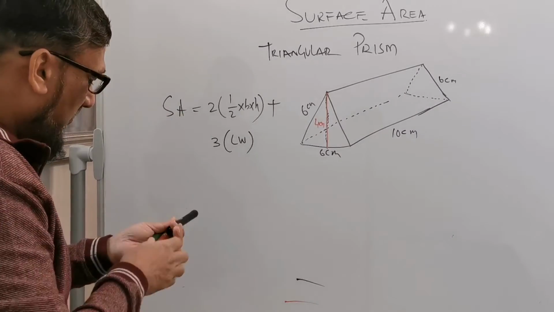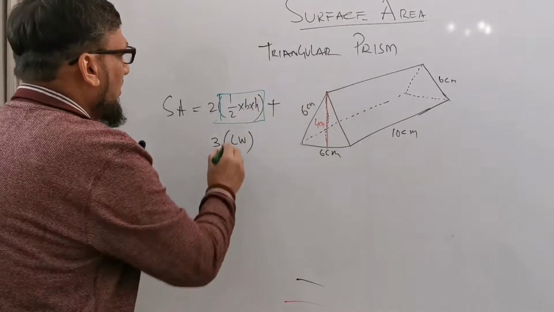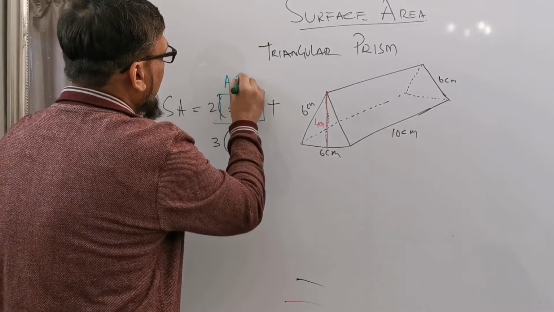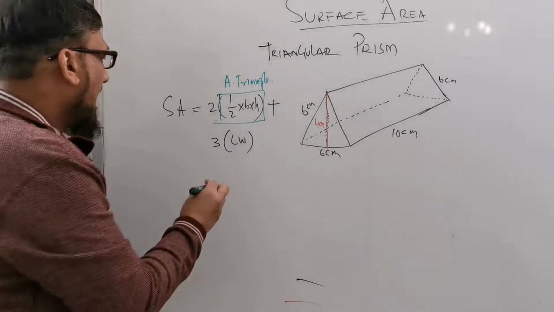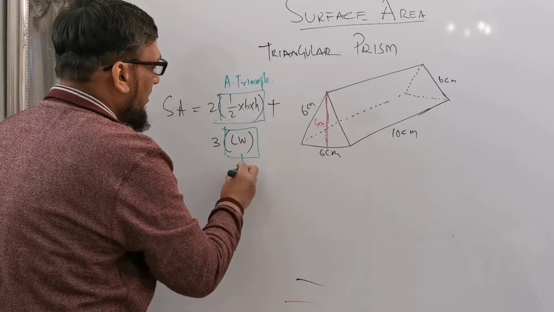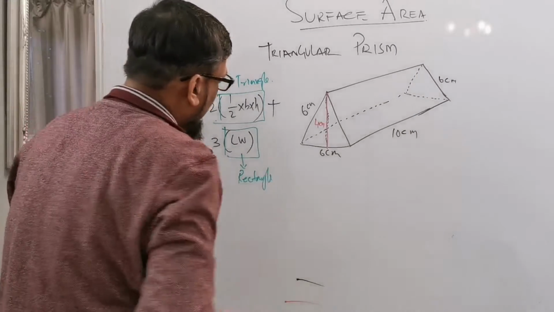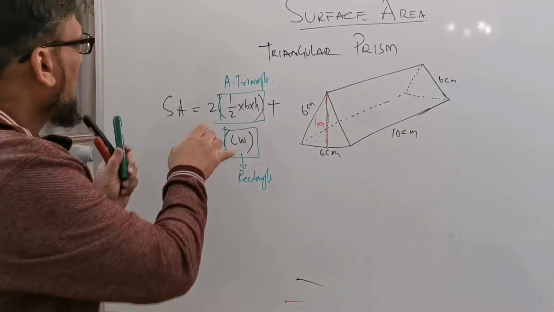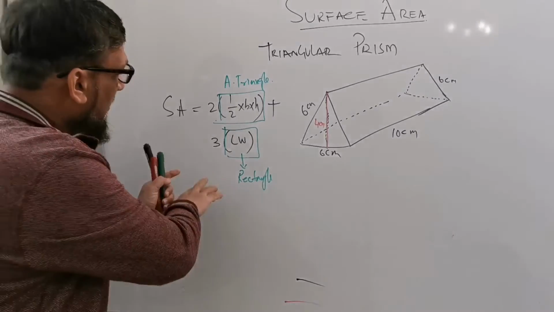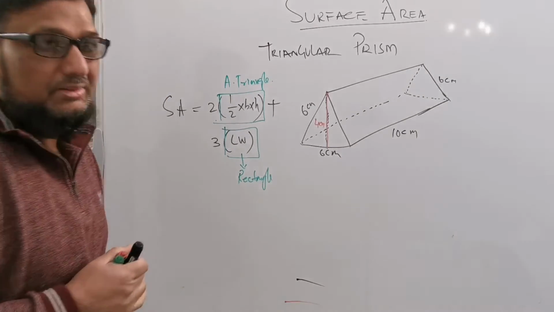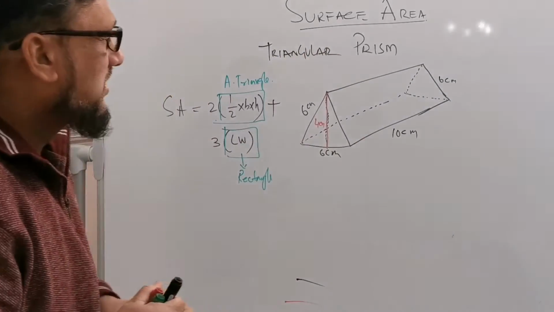This part is the formula for area of a triangle, if you remember, and this is the formula for area of a rectangle. So it means 2 times the area of triangle and 3 times the area of rectangle to get the surface area for prism.